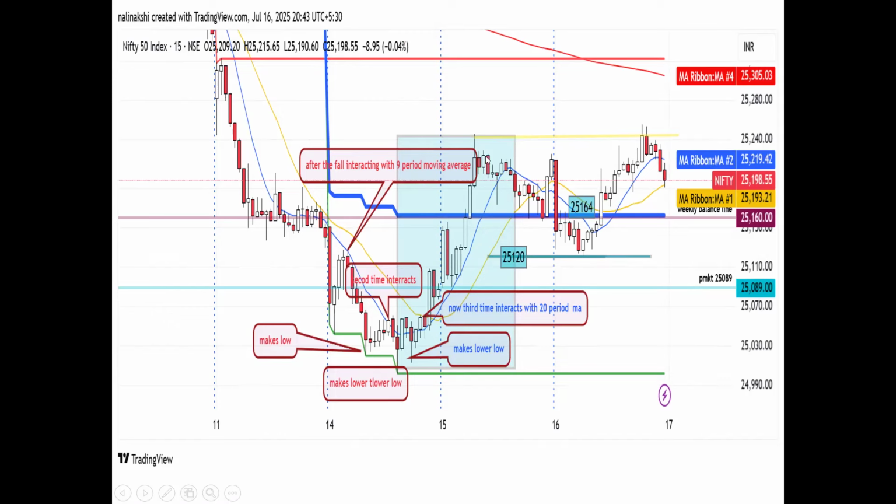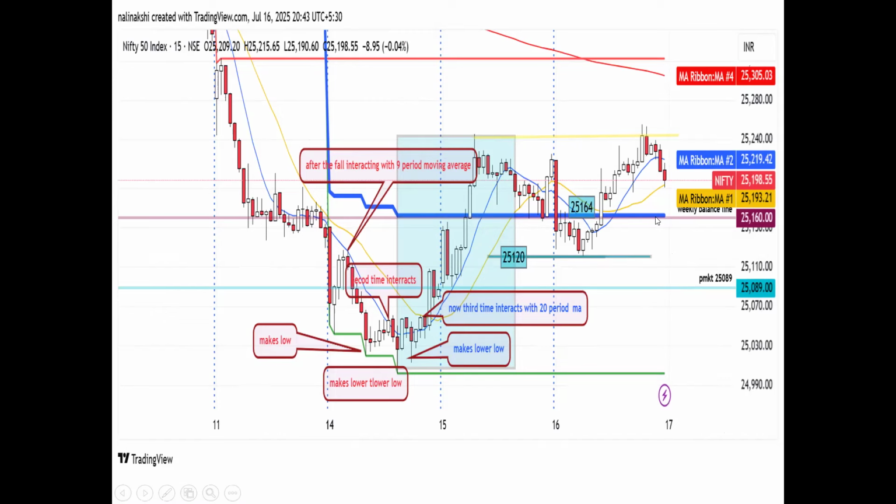It has come down. You can say it is an M type of pattern. An M pattern can indicate a bearish reversal. The market tomorrow can continue. If it starts breaking below 25,120, it can start moving down also.